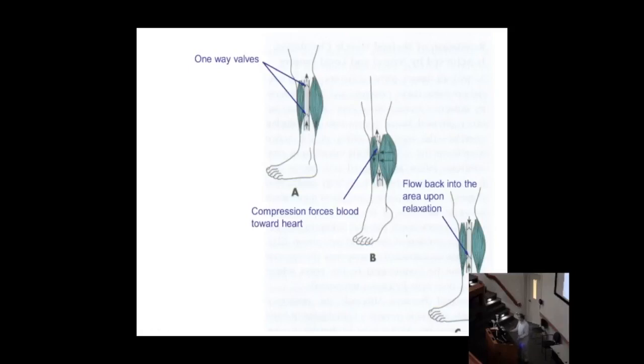And so this valve closes now because it doesn't want to allow flow back into this area, and instead this valve opens. The pressure is now low here and higher here than here. This valve opens and blood flows into that area as relaxation takes place. Okay? And then the whole process starts all over again where you compress and force it toward the heart.